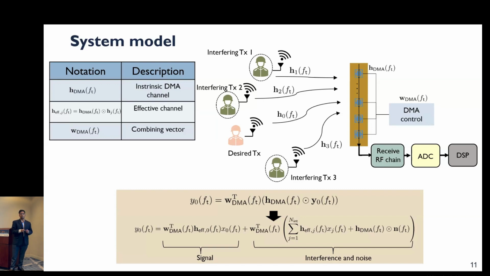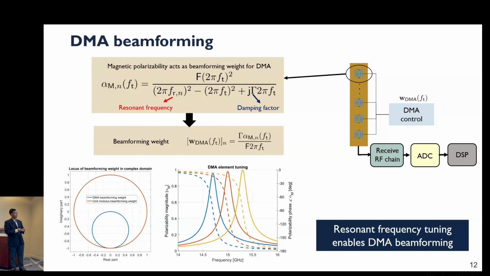Let's look at some aspects of what this combining vector is made up of. As I discussed earlier, the DMA operates by resonant frequency control. Each slot on this DMA has a resonant frequency which can be tuned dynamically through low power elements like varactor diodes or PIN diodes.